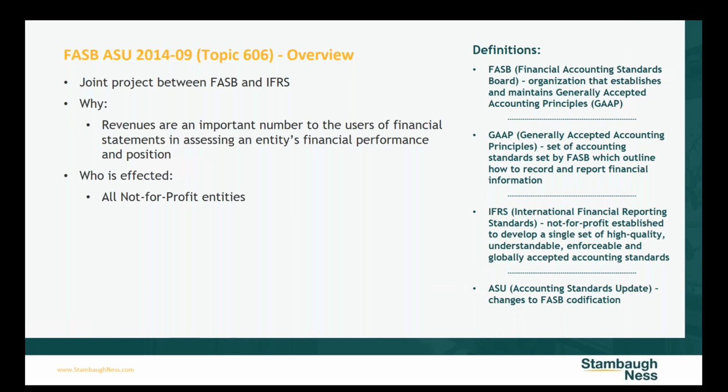So they came together and said, let's see what we can do as far as bringing some continuity and consistency. And this standard does affect public entities, so all not-for-profits essentially are included in this as well. I'm going to be solely focusing on the nonprofit piece of this, but this standard does affect other entities as well that are not just not-for-profits.